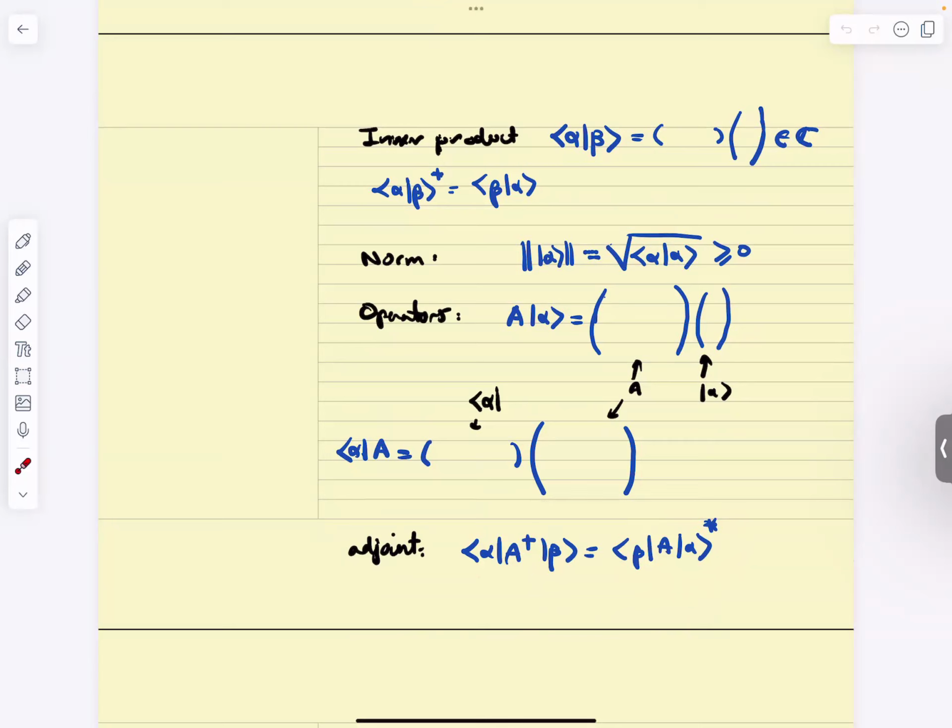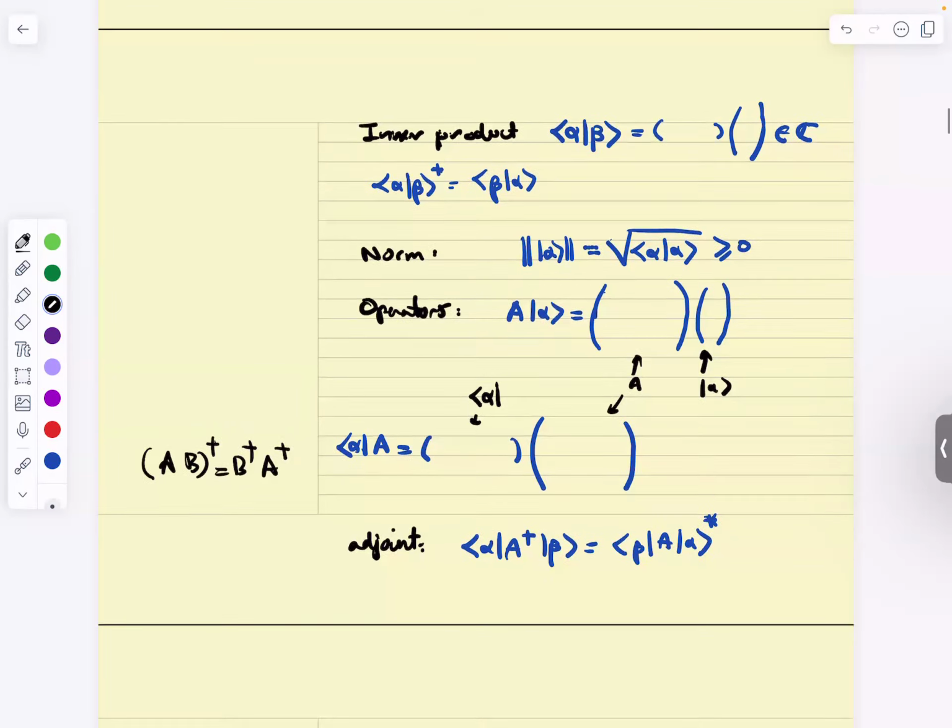So beta comes here, A dagger becomes A, and alpha comes here, right? It should be a familiar thing for matrices as well. So if you have AB dagger, this is B dagger A dagger, right? So the dagger operation reverses order. The same is true for transpose for real matrices, right? All right, any questions?